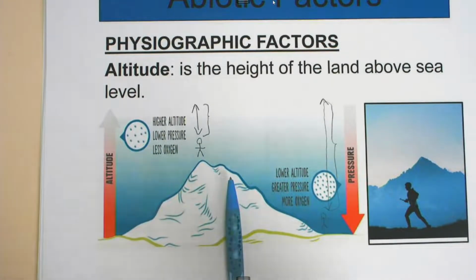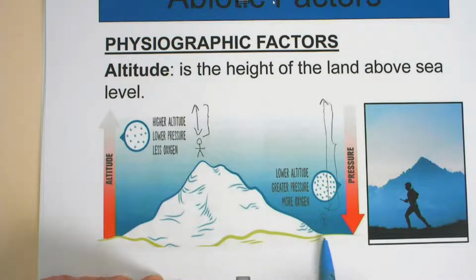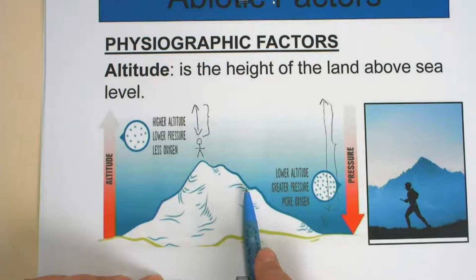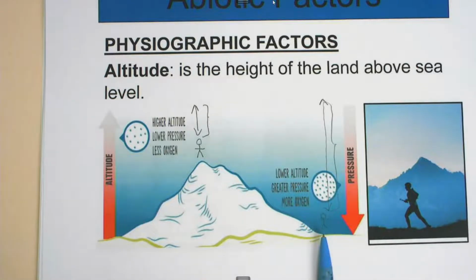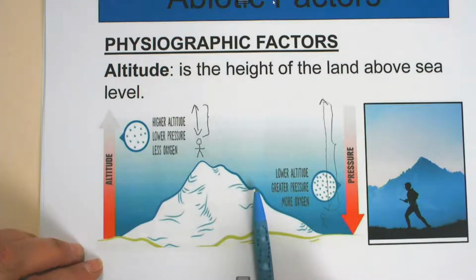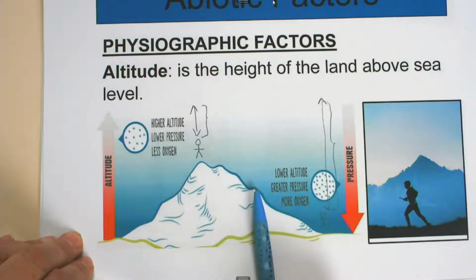So sometimes when athletes have to participate at sea level, they exercise or practice at a certain level above sea level so that their bodies can adapt and make more red blood cells. So when they come back, it feels easier to run or to exercise. If you also jog, you would have realized that when you jog at sea level, it feels as if you can breathe better than when you're running higher up. All right, that is altitude.